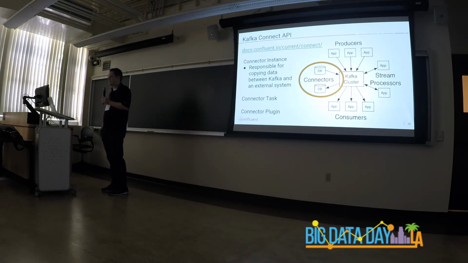In general, the Kafka Connect API has these concepts of connectors, which are responsible for copying data between Kafka and an external system. Some of the external systems we have are Hadoop, RDBMS, and lots of other stuff. This can also be done as an import. For example, you could import changes to your RDBMS to Kafka. This is kind of the functionality of log shipping that you might see in the RDBMS world.